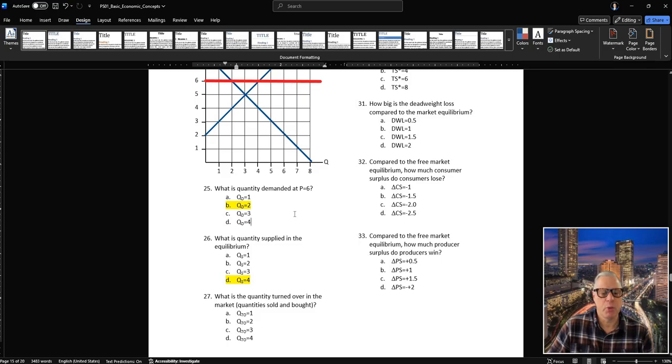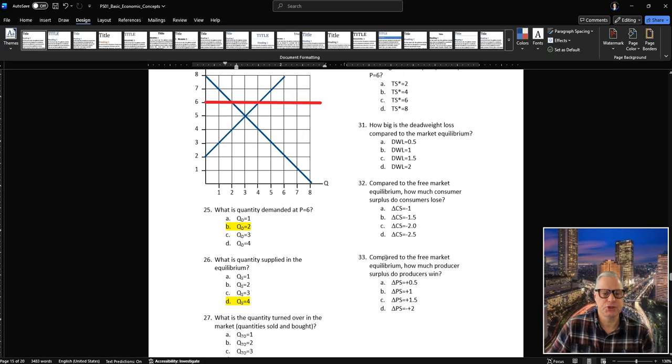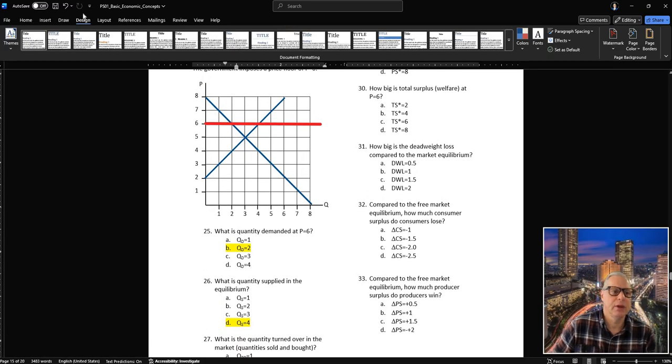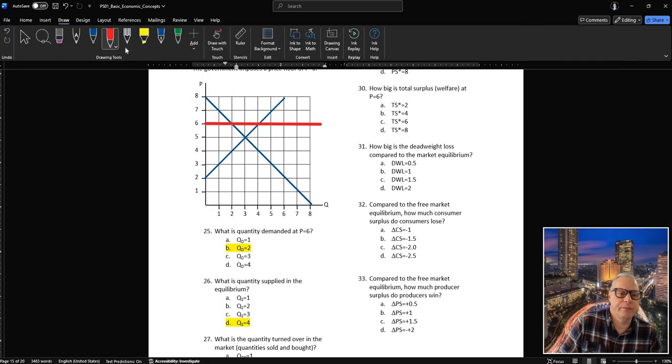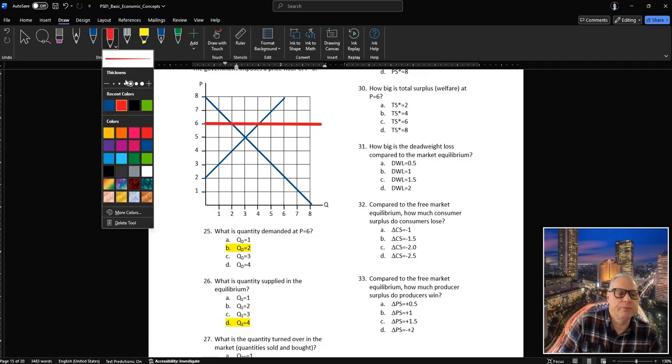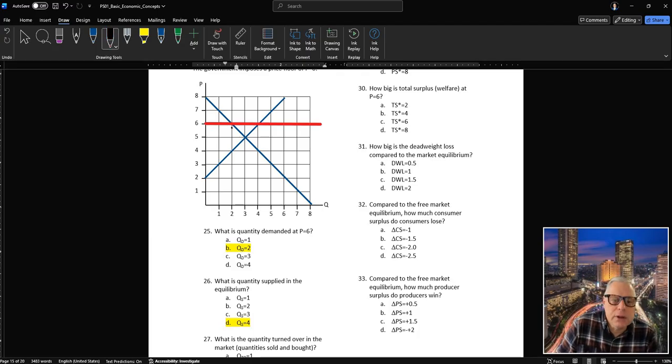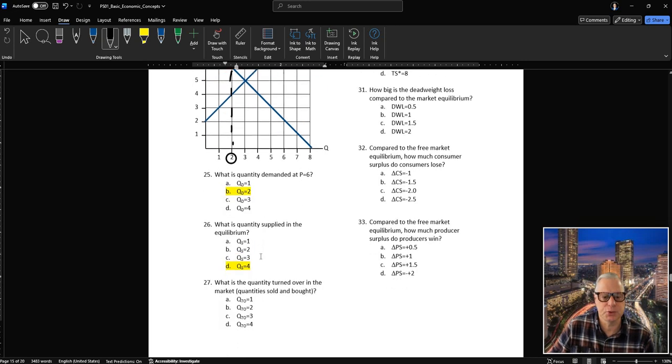So what is the quantity turned over in that market? Quantity sold. That is only the quantity of 2. So that means we also need to conduct our welfare analysis at a quantity of 2.